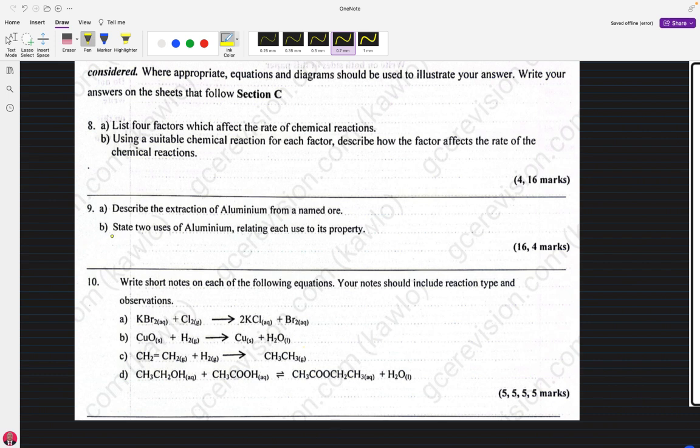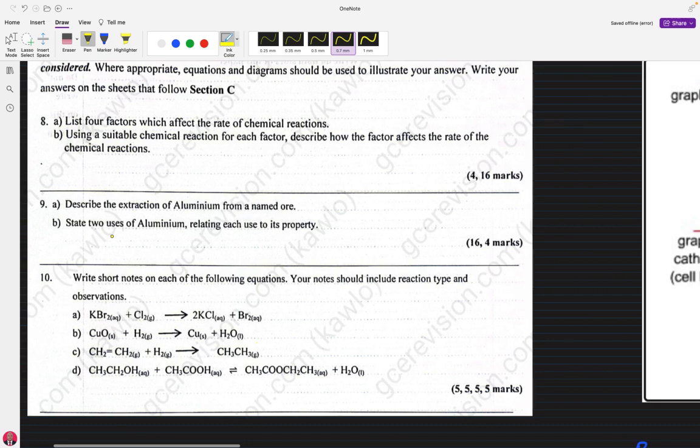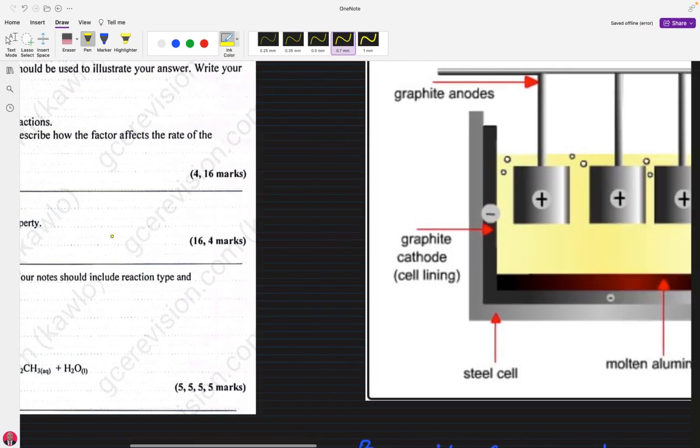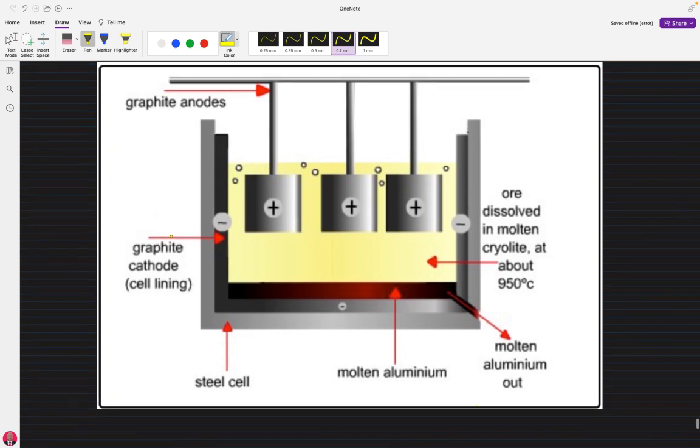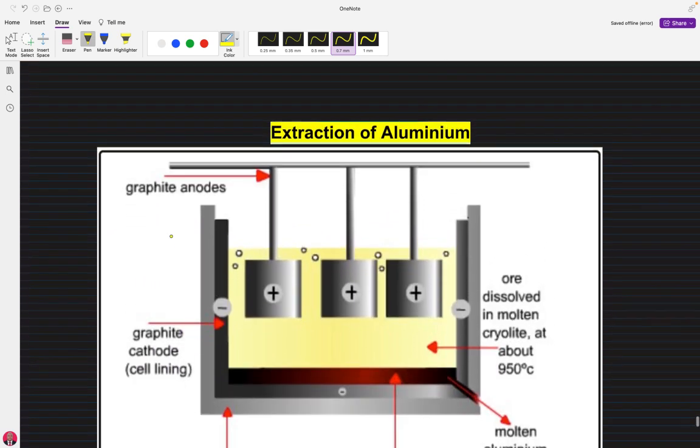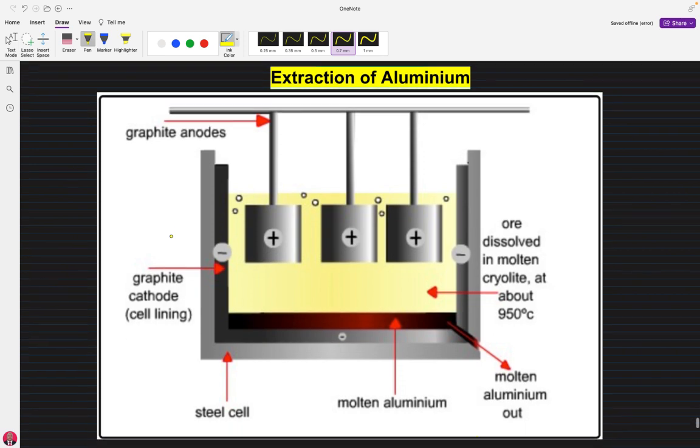State 2 uses of aluminium, relating each use to its property. Okay, you have to go into the properties of aluminium and why they are being chosen. So, 9b: uses of this, relating them to their properties.